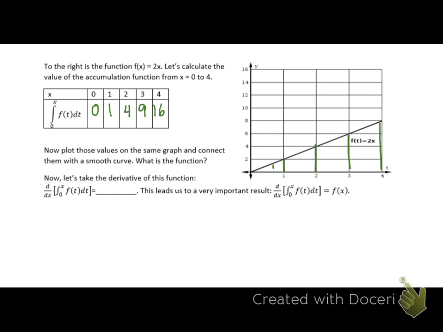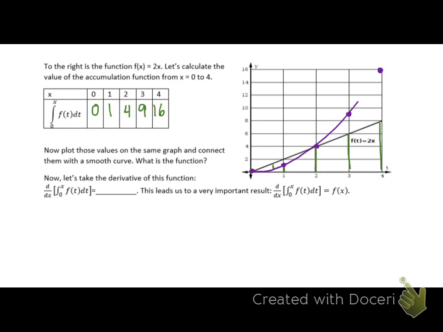Oh, hey, look. Let's graph this. We have the points 0, 0, 1, 1, 2, 4, 3, 9, 4, 16.